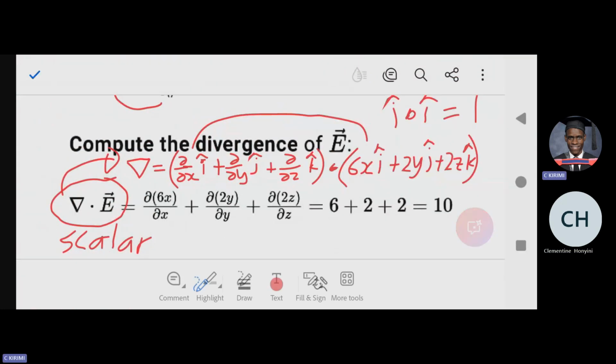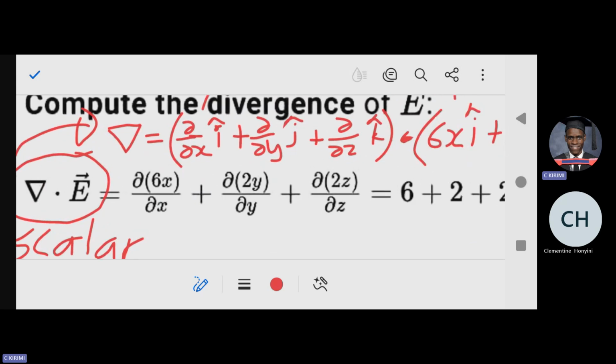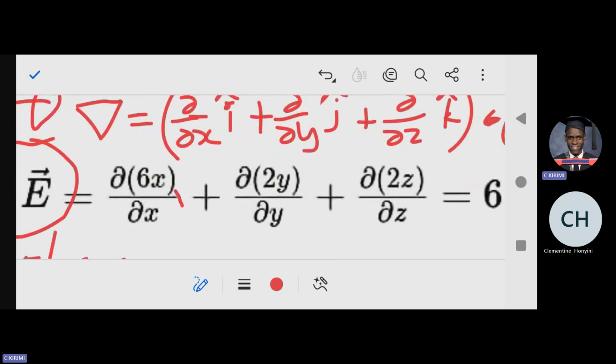That's why we did not include the 1, because any number times 1 remains the same. So partial of 6x, differentiating with respect to x, the answer is just 6.